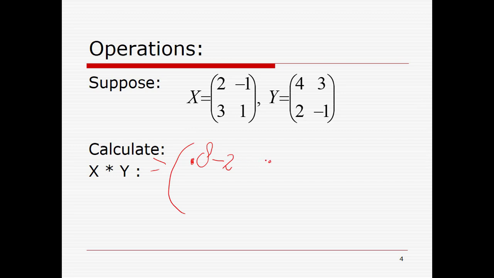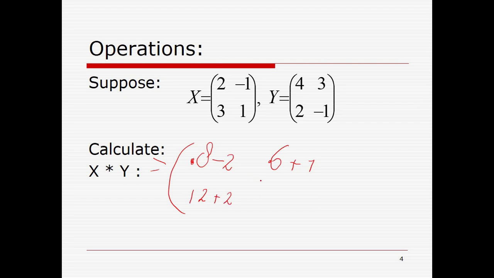For this position, we would have the first row and the second column. So that would give us 2 times 3 minus 1 times 1, so that would be 5. For this position, we would use the second row and the first column, so that would give us 3 times 4 plus 1 times 2, that is 14.